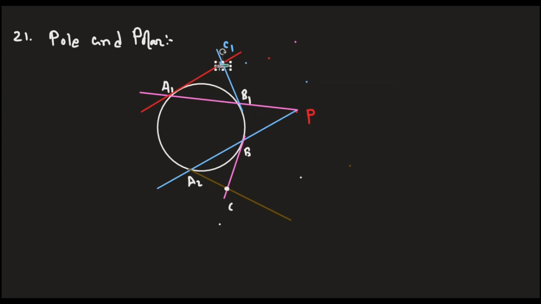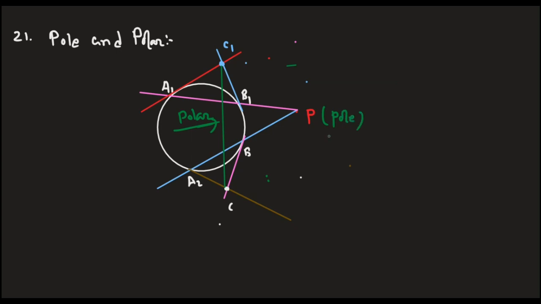So if you join, we are getting a straight line here. Now this green color line is called the polar, and this is known as the pole.